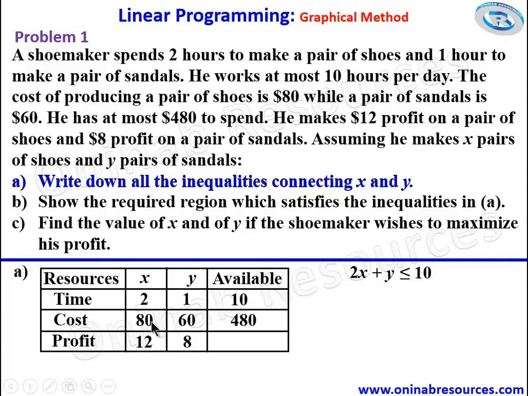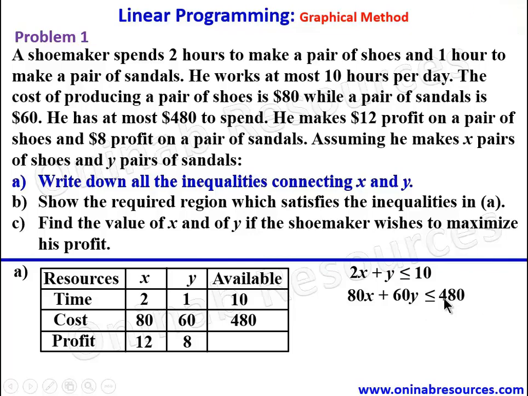The second inequality will be the number of pairs of shoes to be produced multiplied by the cost, which is going to give us 80x. In the same way, we are going to have y times 60, which is 60y. And that is going to be less than or equal to 480, since the total amount of money available for the production is $480.